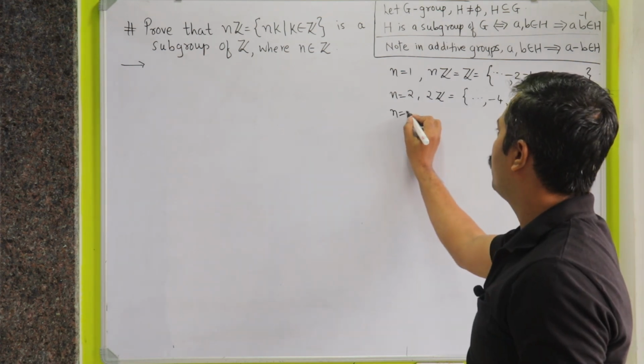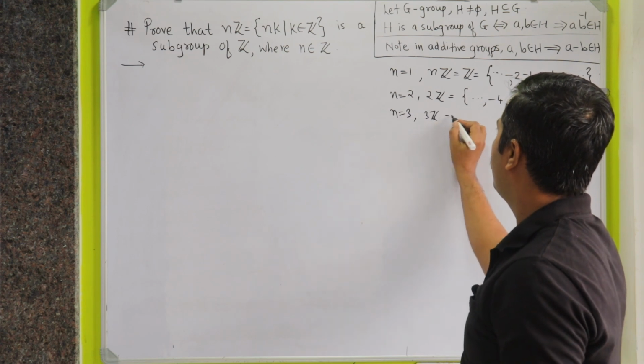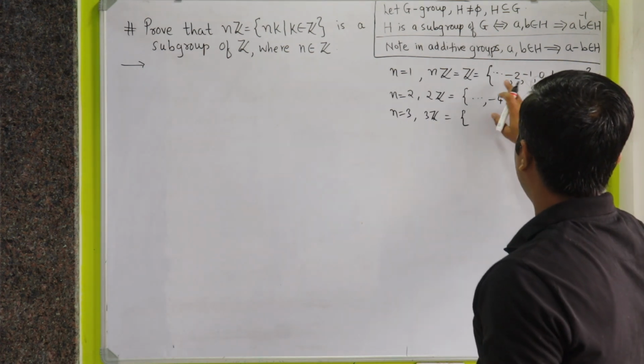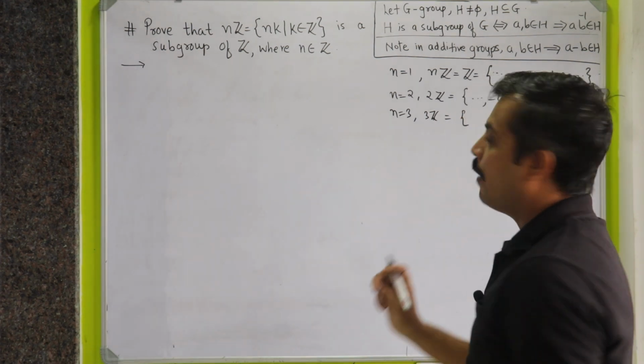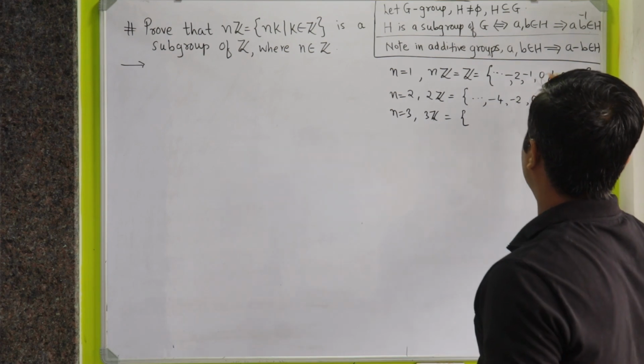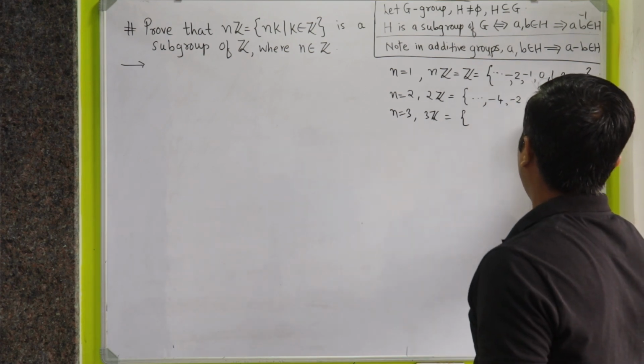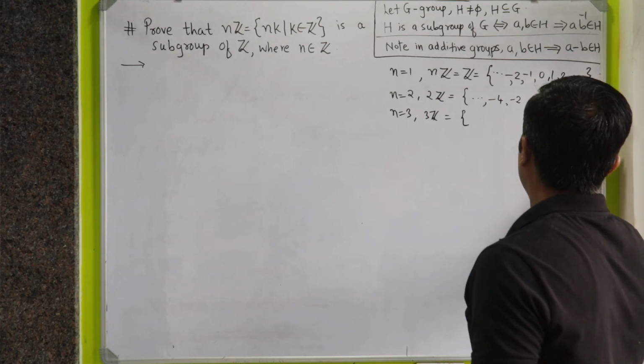Now, if n is equal to 3, then what will be my 3Z? Again the same logic, multiply each and every element of Z by 3. So, starting from 0, that will be 0 only. 3 multiplied by 1 will be 3, 3 multiplied by 2 will be 6 and so on.